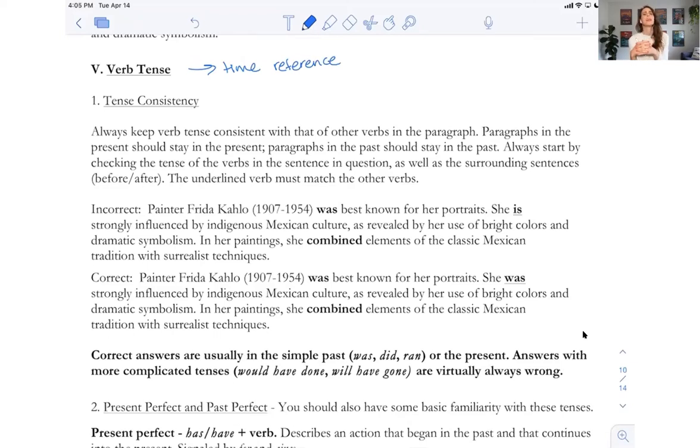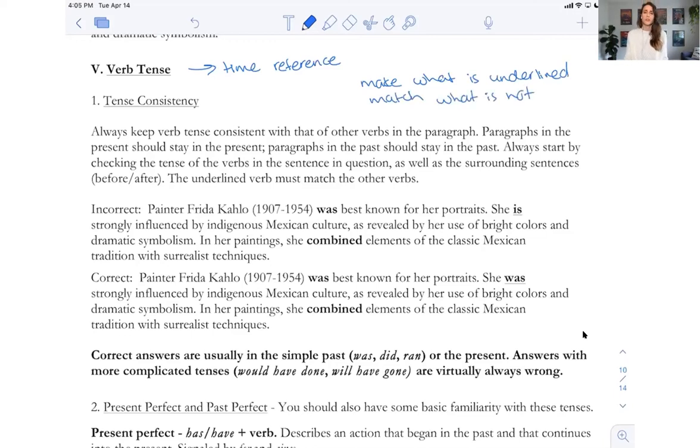So if they say "in the summer of 1855" or "in 2100," I'm thinking, ooh, past tense, future tense, and I'm already looking out for verbs that could be in the wrong tense before I even get to that underlined part. So for verb tense, we are going to make what is underlined match what is not.